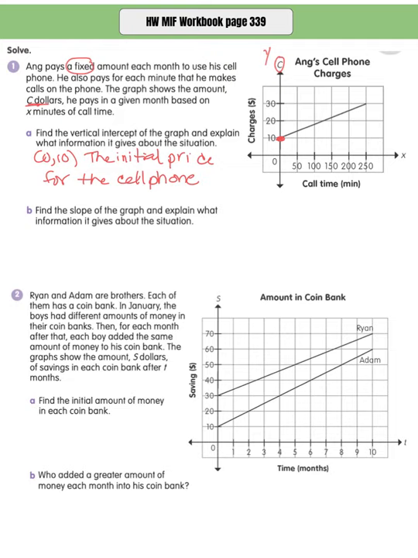Okay, so the initial price for the cell phone is $10, right? Because it says right here, the fixed amount, okay? So when you're looking at it, here, without even any minutes, at 0 minutes, you still have to pay 10.